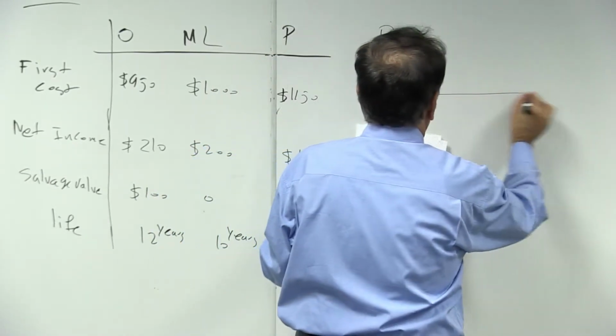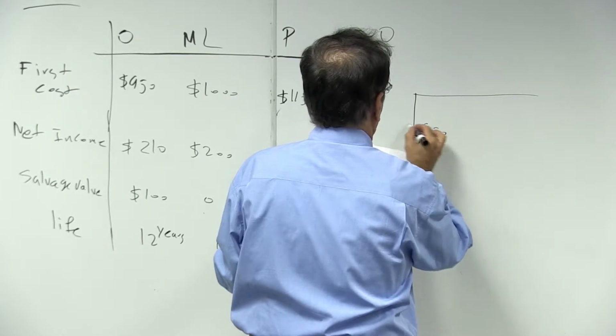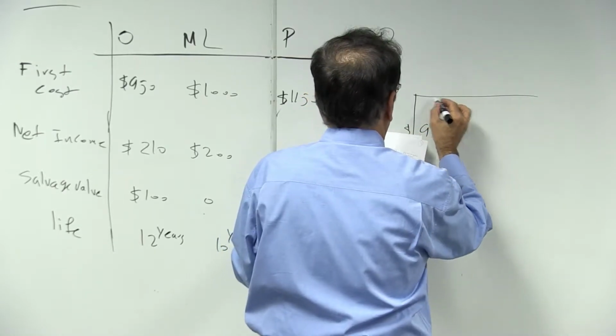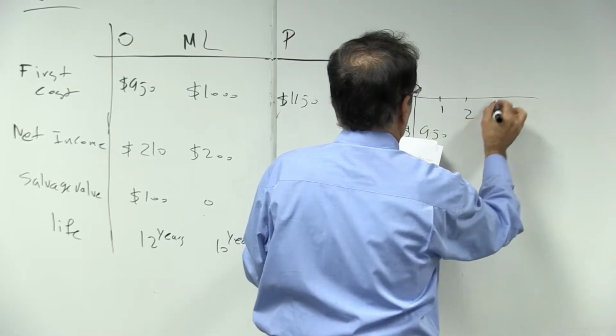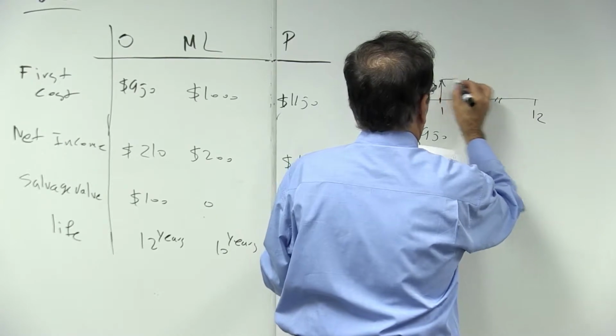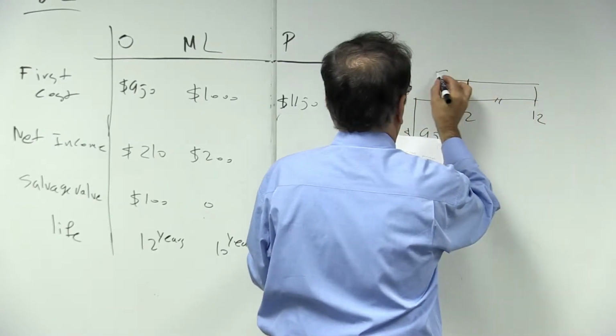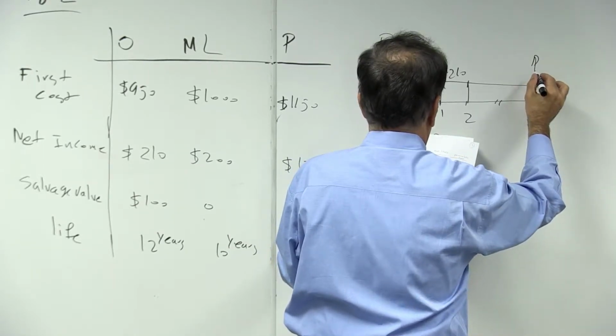The cash flow diagram is going to be like this: $950 initial cost, net income for 12 years of $210, and the salvage value, 100.